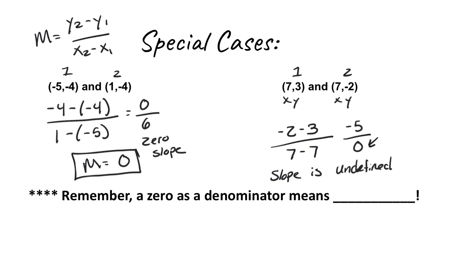Okay, so that is an undefined slope. So, right here, remember, if I have a 0 as a denominator, it means the slope is undefined. And that is actually probably important enough to highlight.